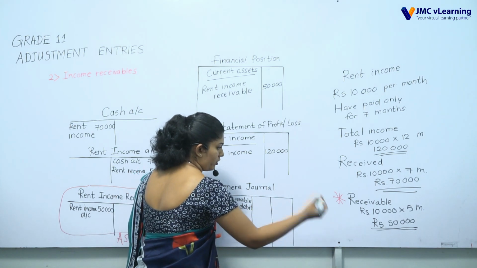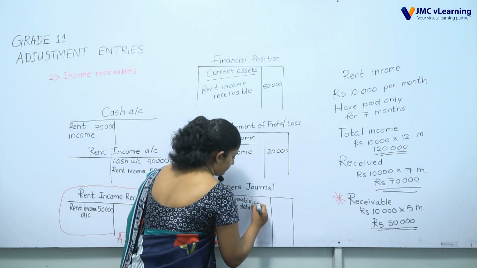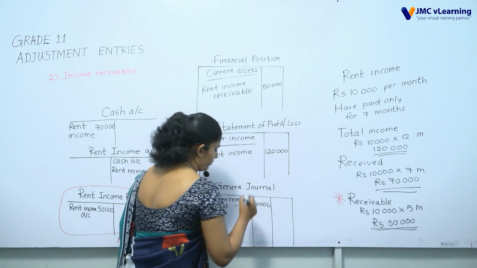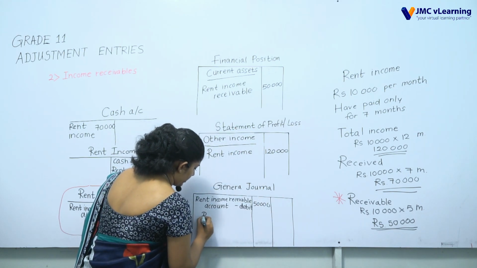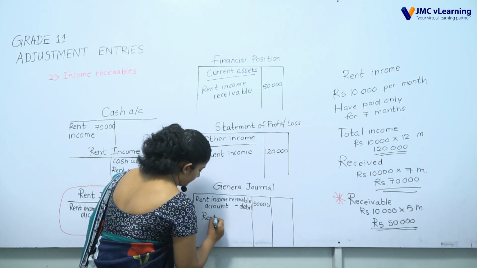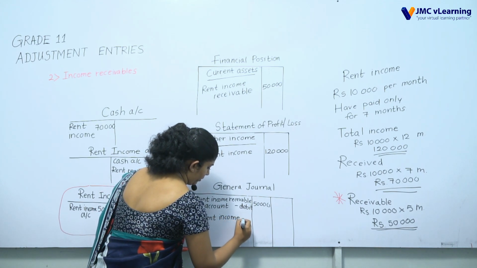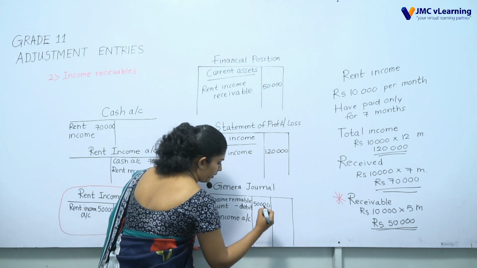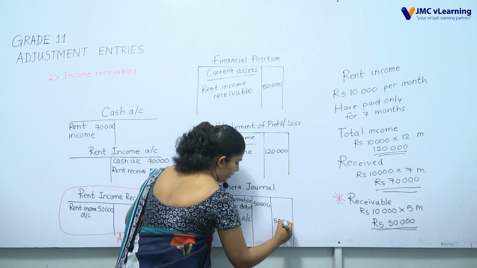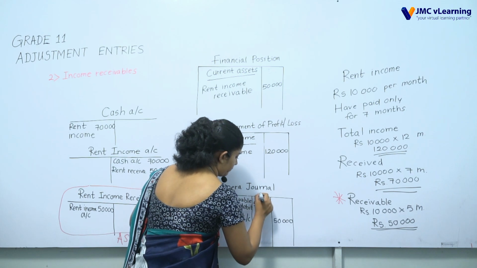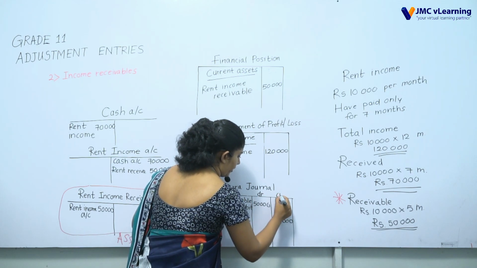How much? 50,000. Rent income account credit 50,000. Here debit and credit.